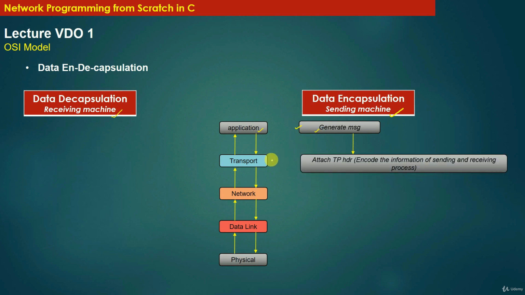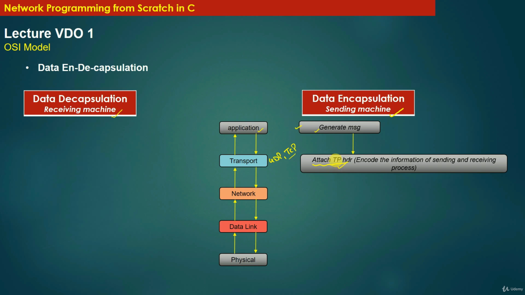Now in this case, transport layer means it could be the UDP protocol, it could be the TCP protocol, or it could be any other transport layer protocol. What does the transport layer do? The transport layer attaches its own header, which is called the transport layer header.